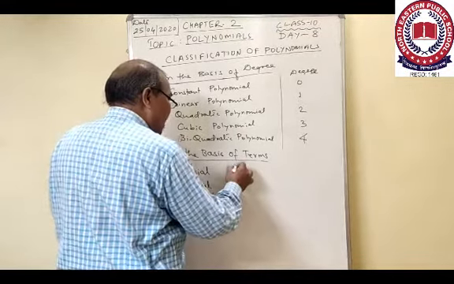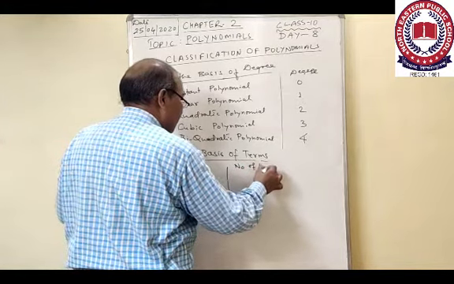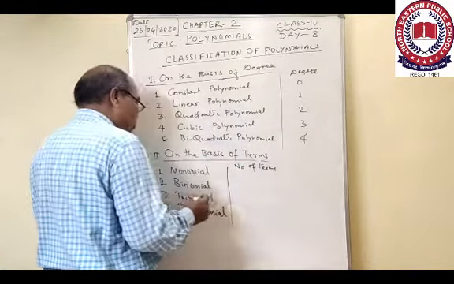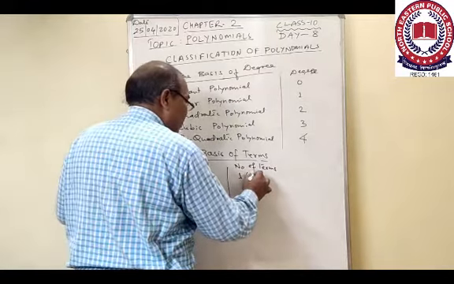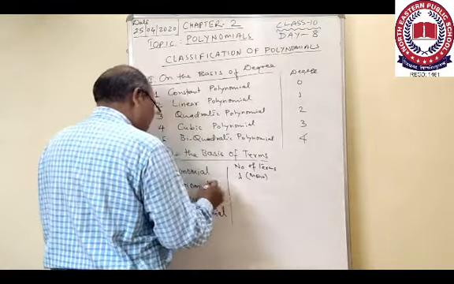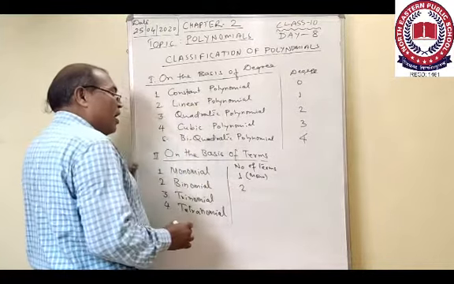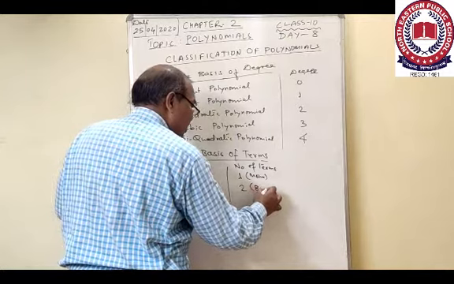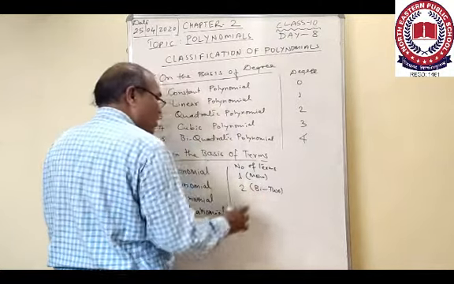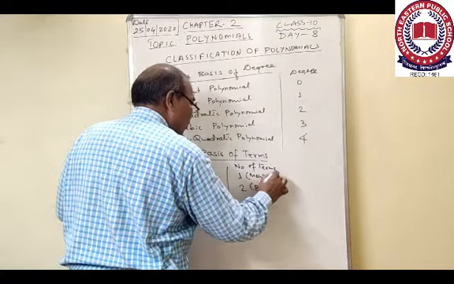Here, if I write the number of terms in the polynomial, monomial has only one term. Mono means single. One is known as mono. And binomial, number of terms will be 2. Bi is used for 2 here. Mono is used for 1.